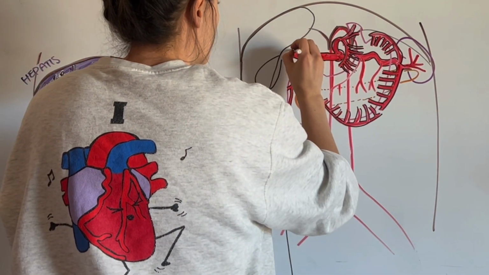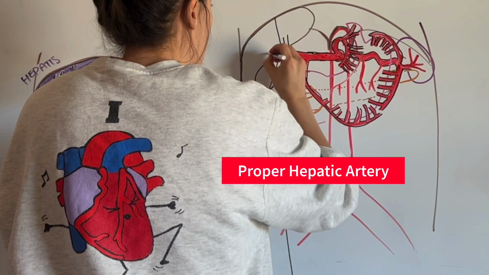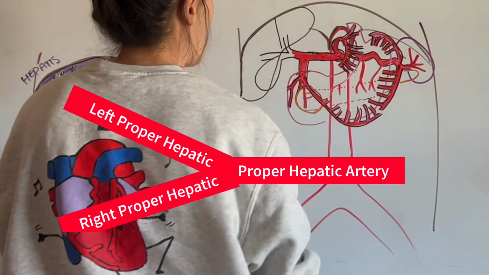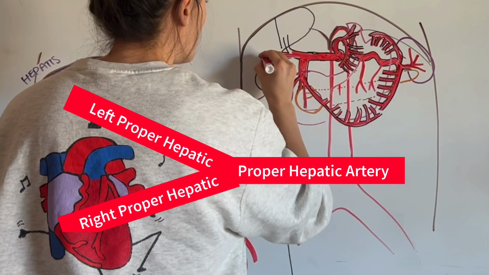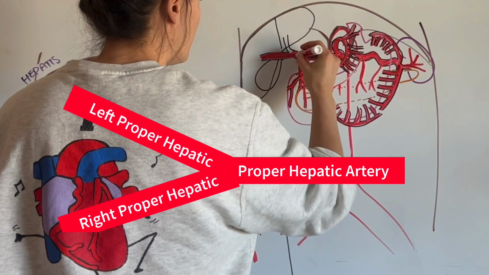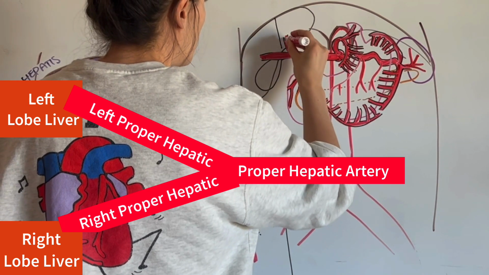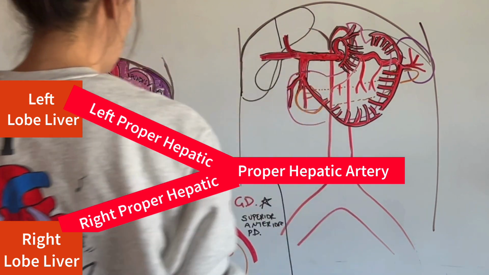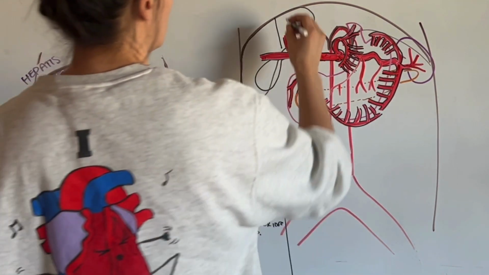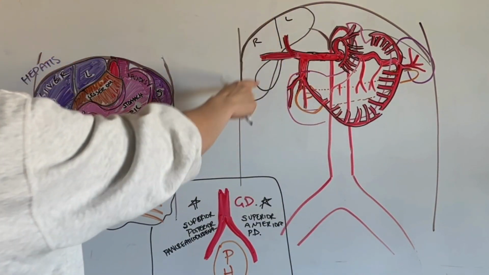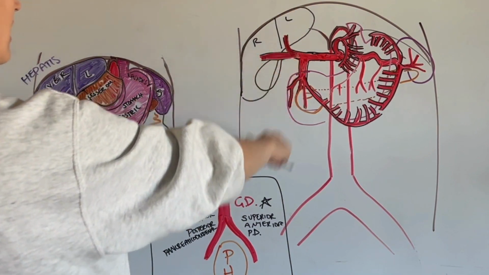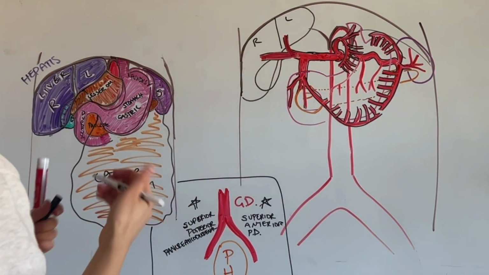Proper hepatics will split into a right and a left proper hepatic artery. One goes towards the right lobe of the liver, anatomical right lobe, and then one goes to the left anatomical lobe. So this would be our left, and this would be our right. So this is our left proper hepatic artery and our right proper hepatic artery.